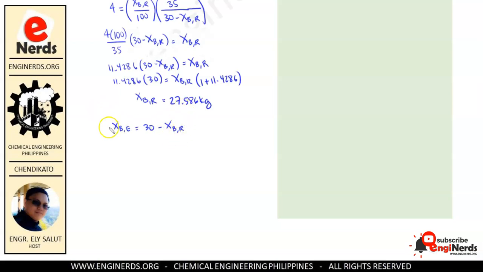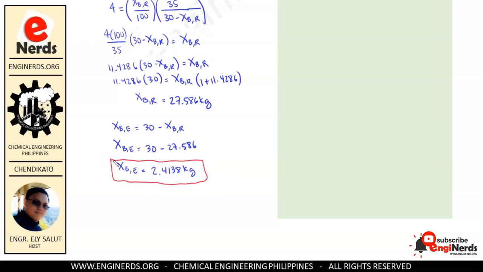So, XBR is equal to 27.586. So, we have XBE is equal to 30 minus 27.586. Therefore, our XBE is equal to 2.4138 kilogram. So, this is our final answer for this question.